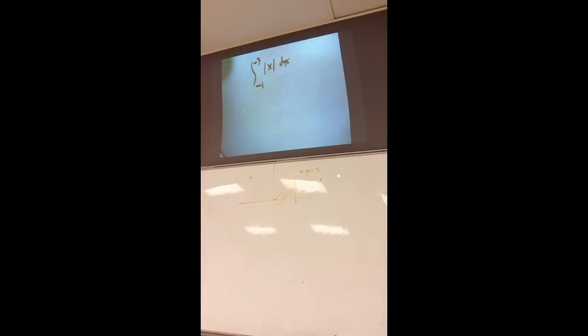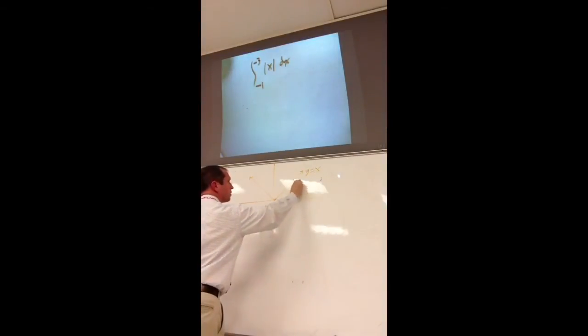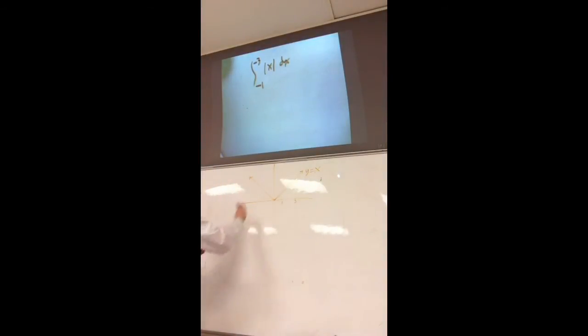When we're talking about from -1 to -3, what part of the graph are we referring to here? The left side, right? Okay. So here is -3. Here is -1. And we're right here.